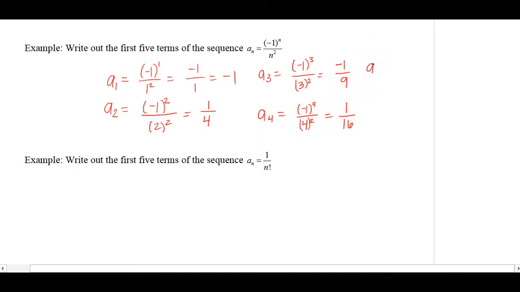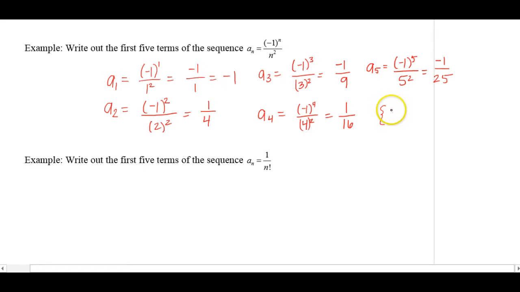And then finally, a sub 5 is negative 1 to the 5th over 5 squared. An odd power of a negative number is still going to give me a negative, so negative 1 over 25.